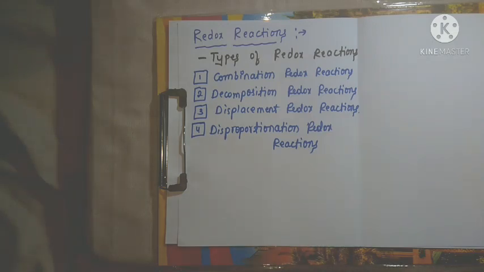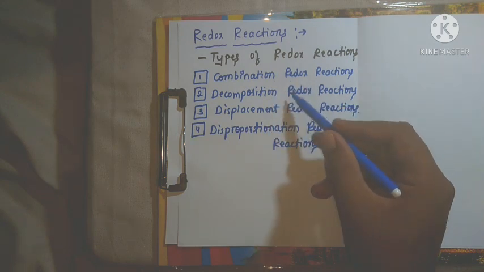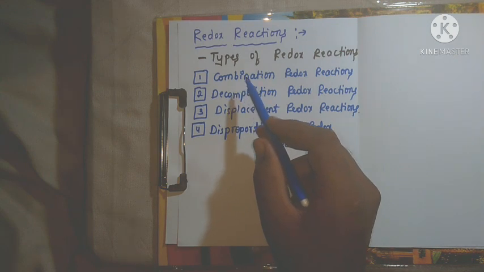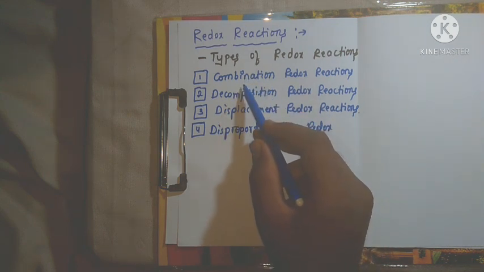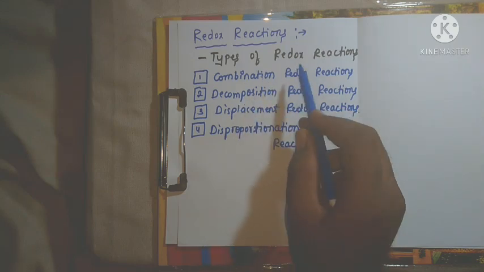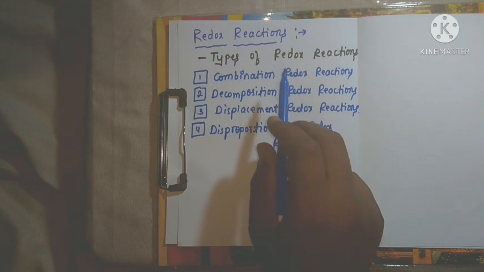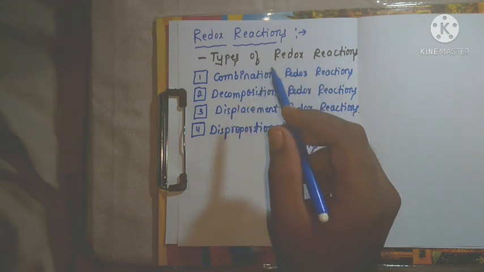Before that, we have already discussed the first 3 reactions in the 10th class, that is types of chemical reactions. We studied combination reactions, decomposition reactions, displacement reactions, also the double displacement reaction, and also the redox reactions there.